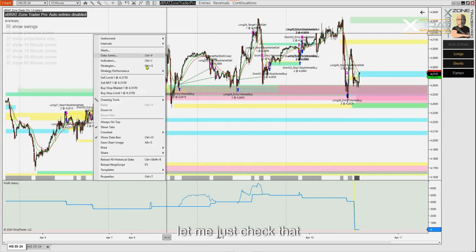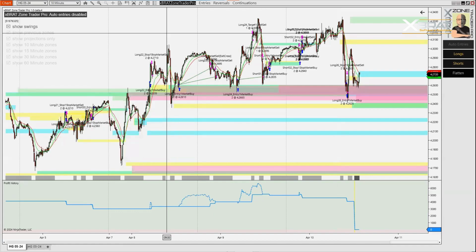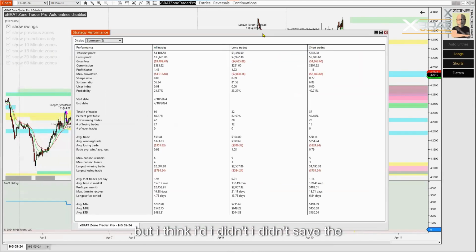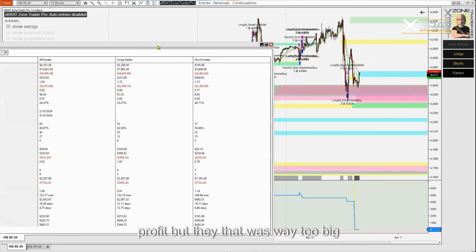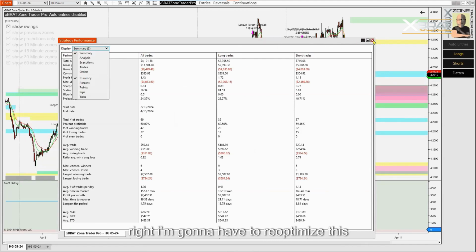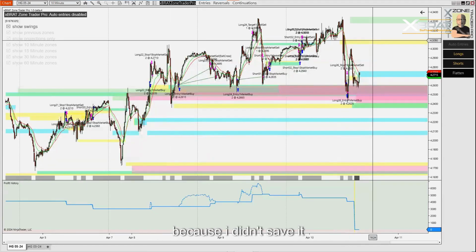Let me just check that strategy performance report again. It wasn't bad, but I think I didn't save the settings, so it's $4,000 profit, but that was way too big. Right, I'm going to have to re-optimize this because I didn't save it.